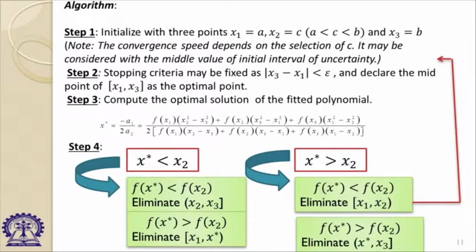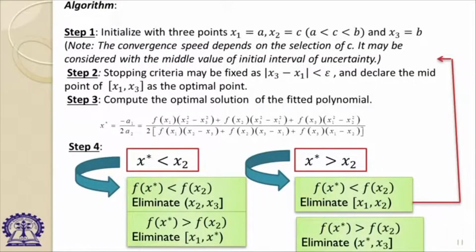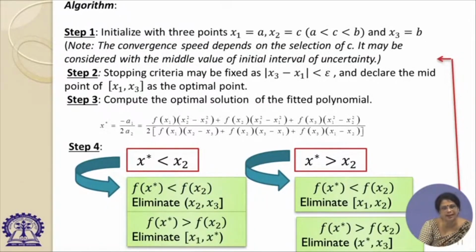Again the question of convergence is coming. If the final interval of uncertainty is smaller, we will stop there and declare the midpoint of that final interval of uncertainty as the optimal solution. Here also it is the same thing: since we have considered the left end point as x1 and the right end point as x3, the absolute value of the difference between x3 and x1 must be less than epsilon.